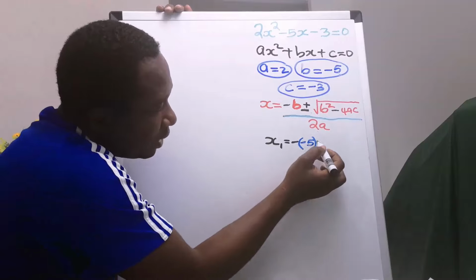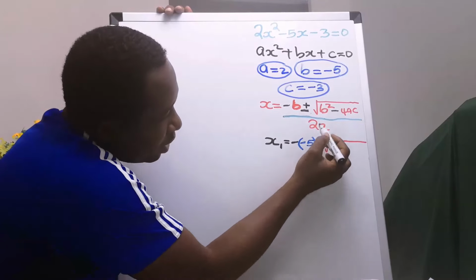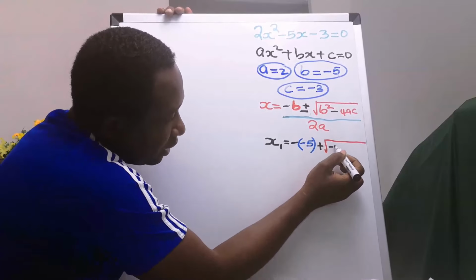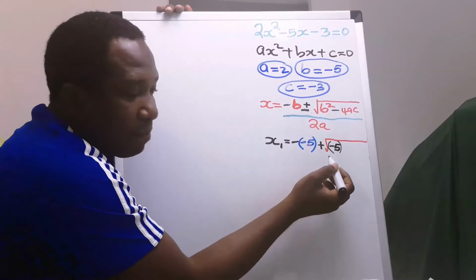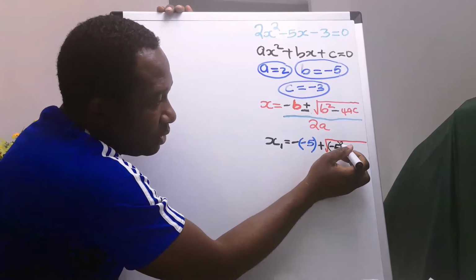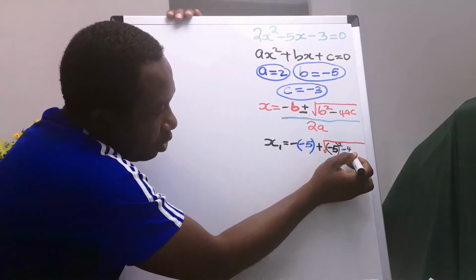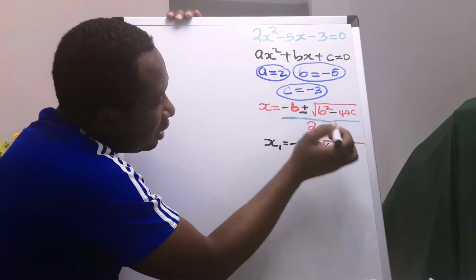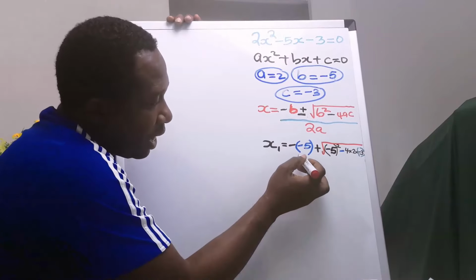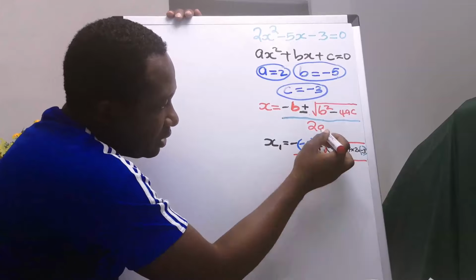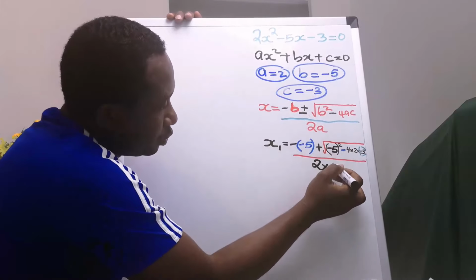For x1, I will consider the plus, and inside the square root, this is minus b, which is minus 5, and the minus 5 is squared. Next, we have a minus. Then 4 will multiply a, which is 2, and it will multiply minus 3. And everything is divided by 2 times a, which is 2.